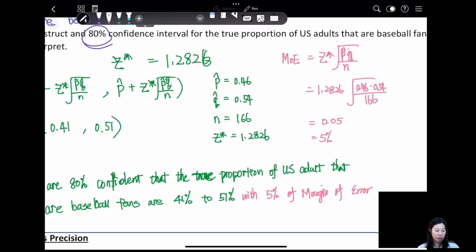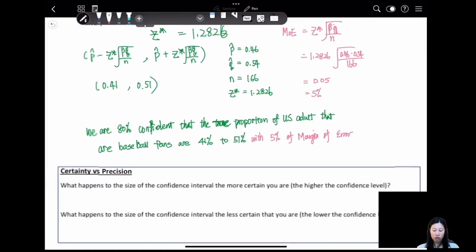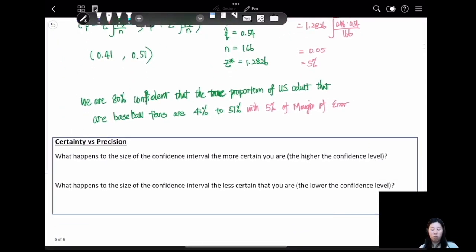Okay, so now take a look. They ask about certainty and precision. What happens to the size of the confidence interval the more certain you are? If you want a better chance to catch the fish, you use a bigger net, right? So the interval is going to be bigger.